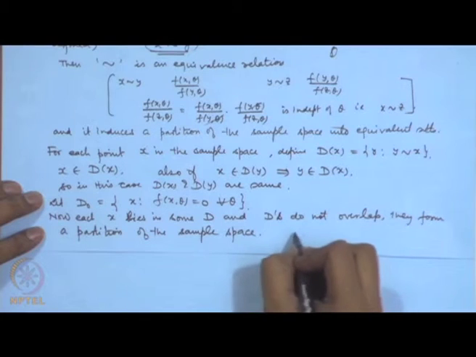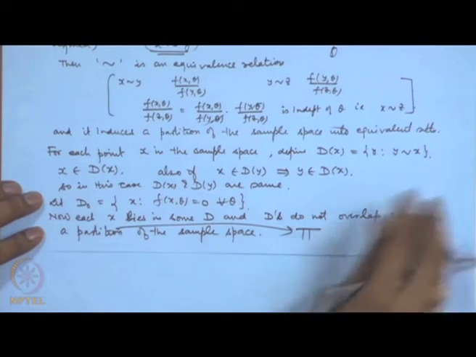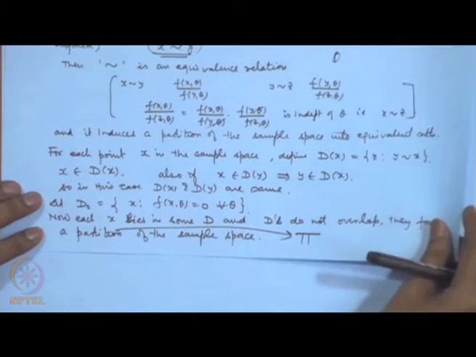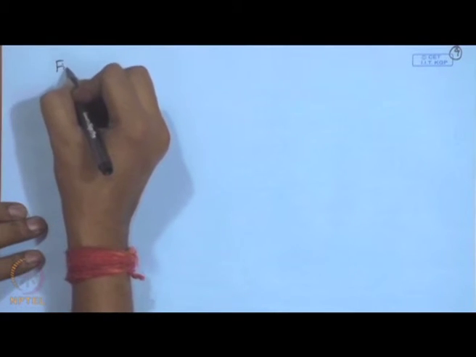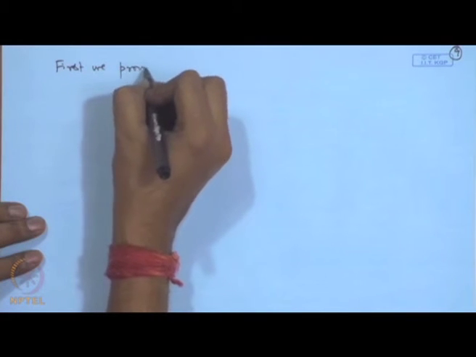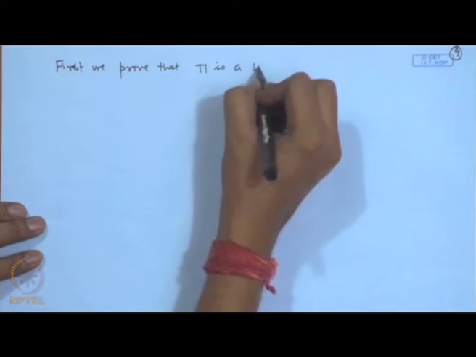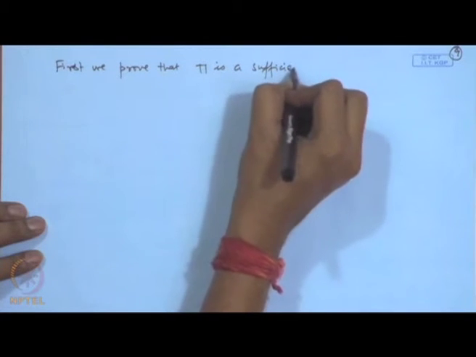Let us call this partition pi. Okay. This partition I will name as pi. First, we prove that pi is a sufficient partition.